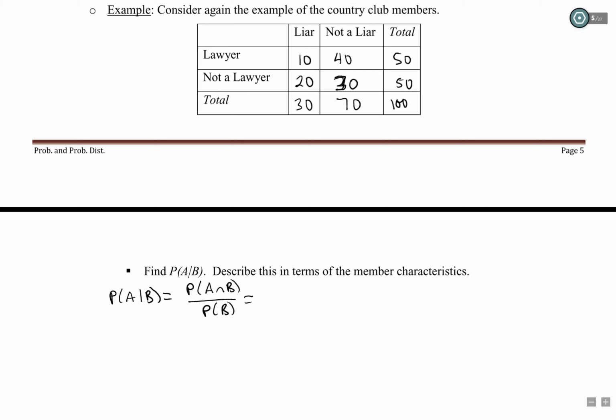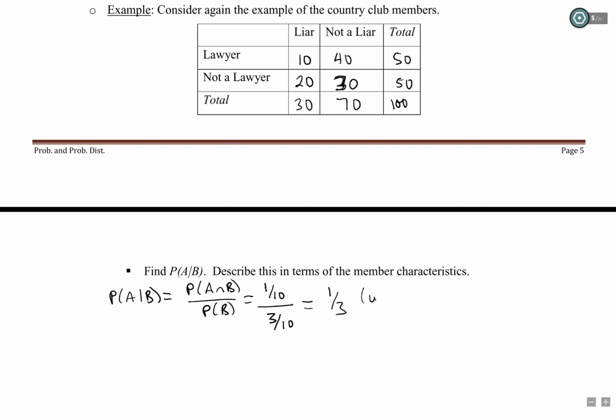Remember, it was 10 out of 100, or we could write it as 1/10. And P of B was 30 out of 100, which we could write as 3/10. If we simplify that mathematically, we get 1/3.